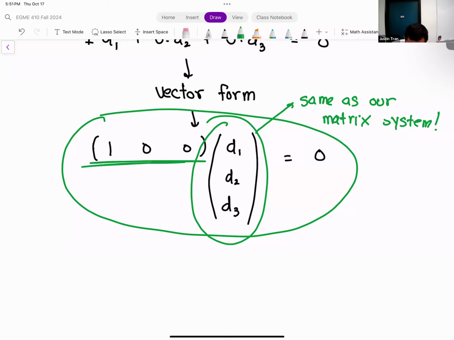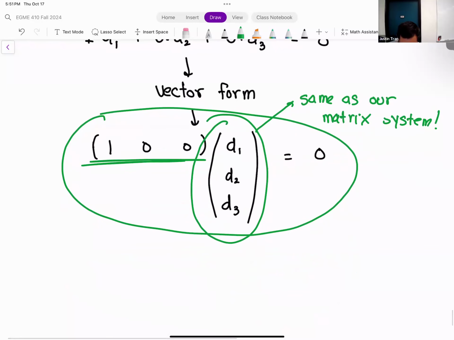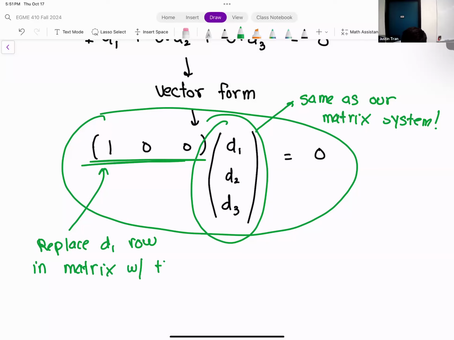And this row vector, 1, 0, 0, remember, we're kicking out the first equation of the matrix to make room for this one. Now, if we replace the first row of that matrix with these coefficients, we kick out the old row 1 and replace it with this one.